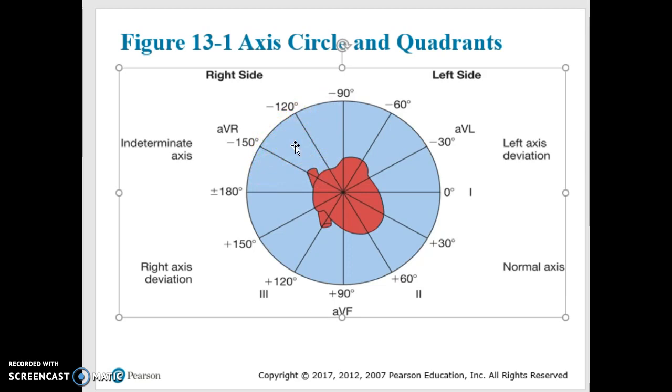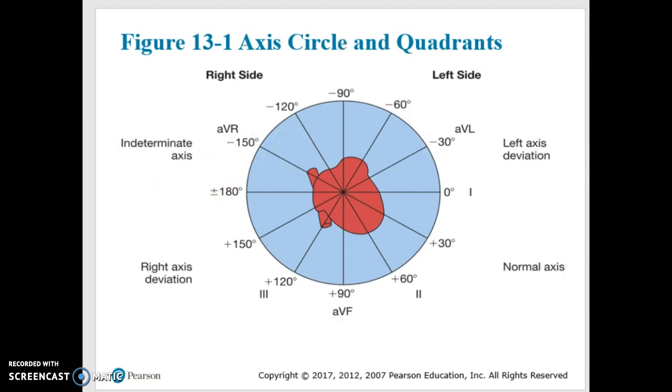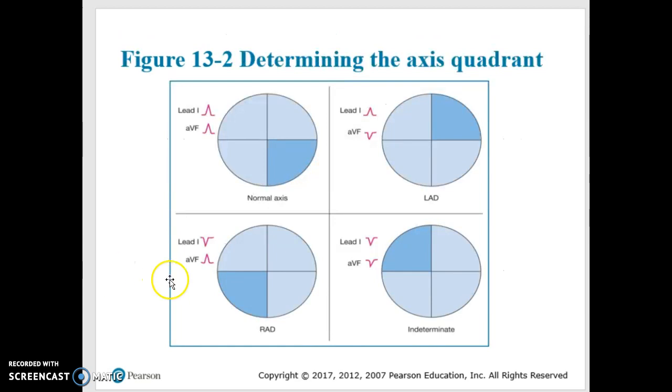Will help you determine. So I would like to scroll down to the next slide just to kind of give you an idea of everything we went over. This would show you lead 1 is positive. So we know we're going to travel from the center to the right to be positive. And AVF is positive. It's in an upward deflection, so you're going to travel from the bottom and move upward.